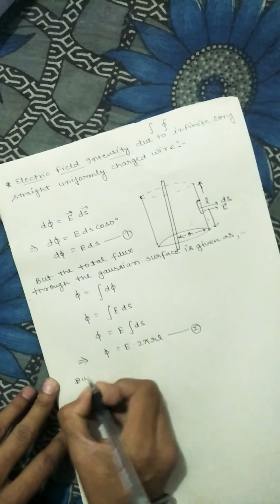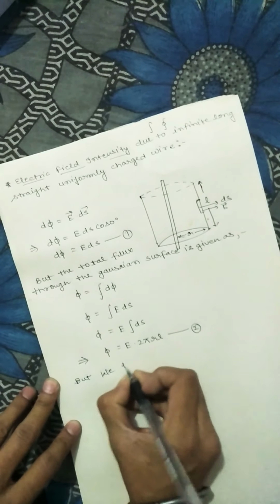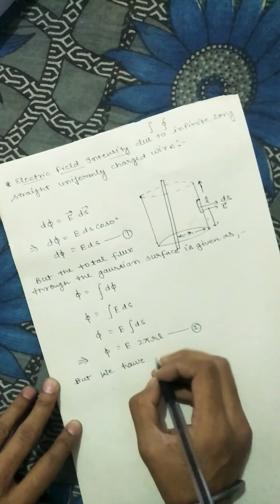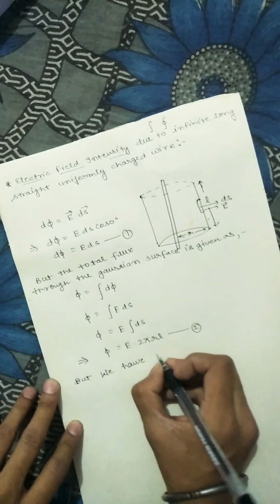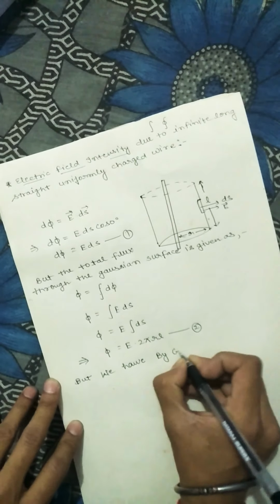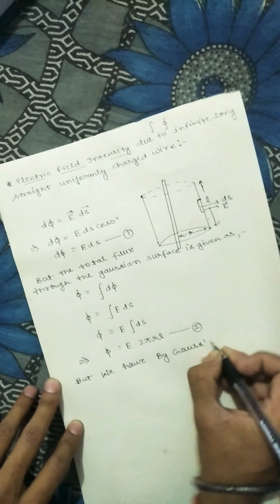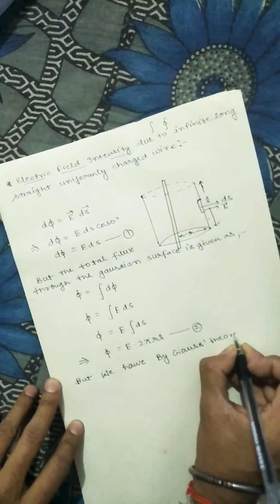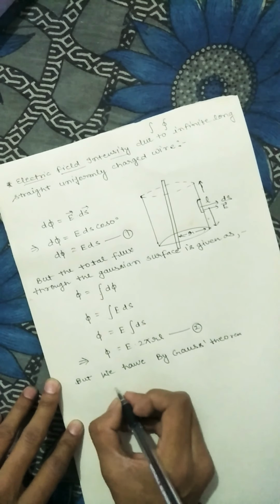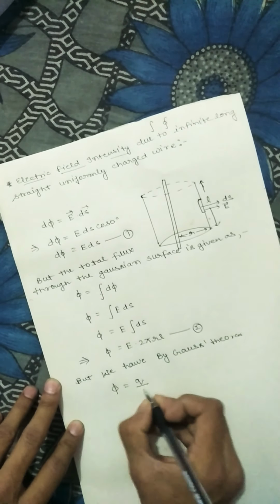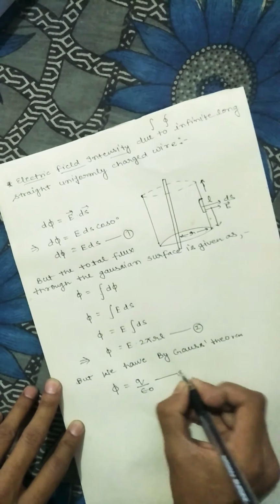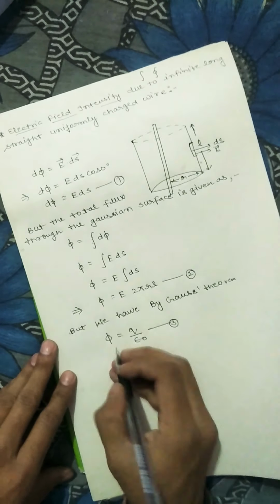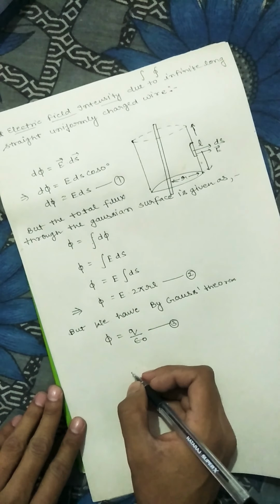But we have one more thing. By Gauss theorem, we have phi is equal to q upon epsilon naught. And we know that when the left hand side is equal, the right hand side would also be equal.